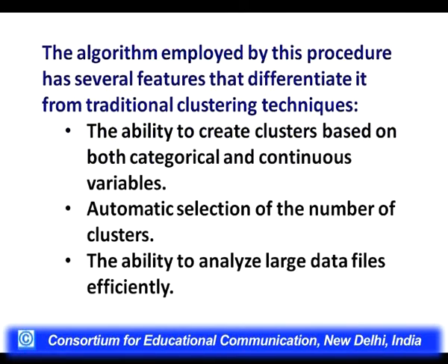The algorithm employed by this procedure has several features that differentiate it from traditional clustering techniques: the ability to create clusters based on both categorical and continuous variables. This is a great advantage that we consider both categorical and continuous variables in our analysis. Automatic selection of the number of clusters, and the ability to analyze large data files efficiently.